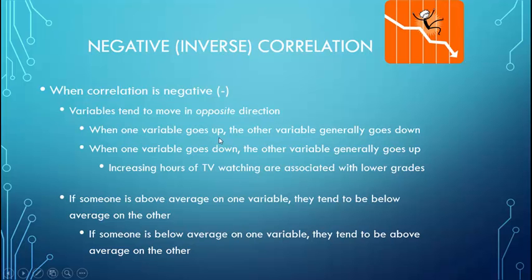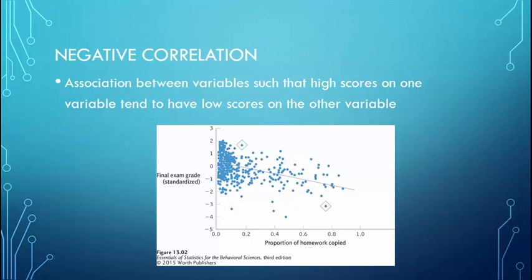When one variable goes up, the other tends to go down. And when one variable goes down, the other tends to go up. If someone is above average on one variable, they tend to be below average on the other. And if they're below average on one, they tend to be above average on the other. So these two variables work inversely, or opposite.